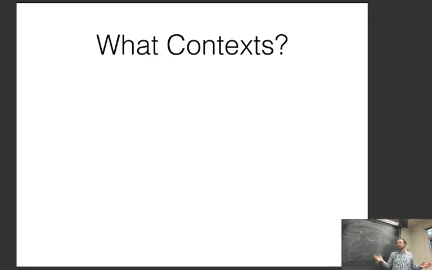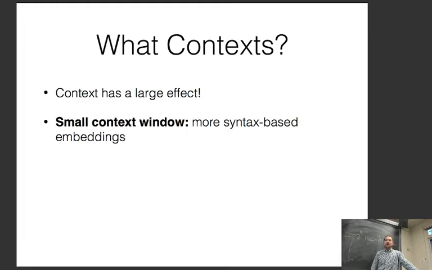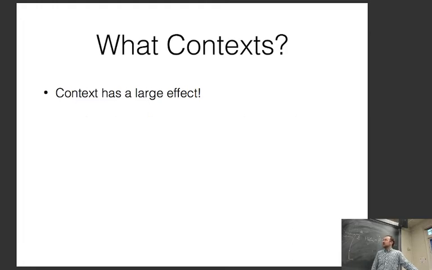No? Okay, so the next thing, which is what we were talking about before: which contexts do we use in our word embedding model? Context has an extremely large effect. And it's kind of funny, there's a method called Brown clustering. Have people heard of this before? Yeah, some people.